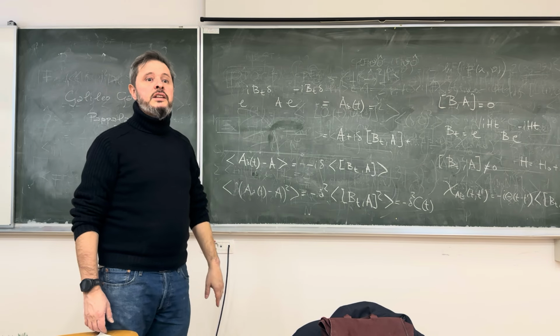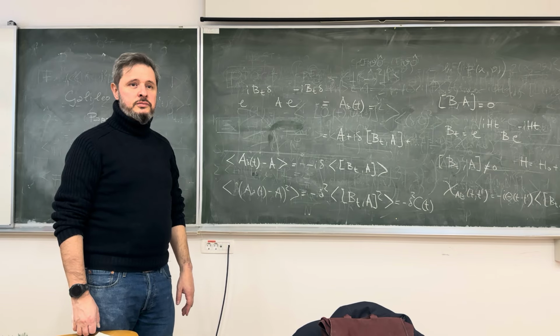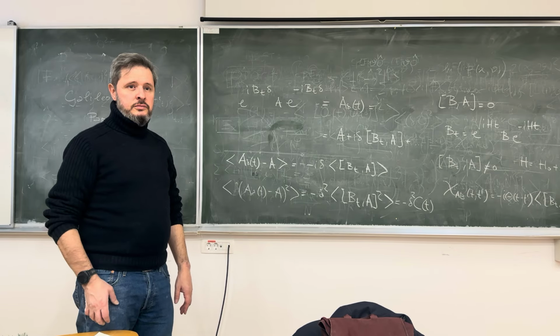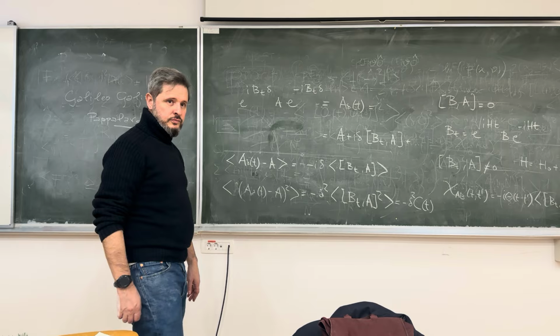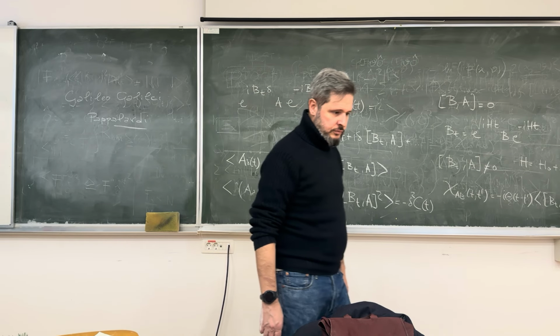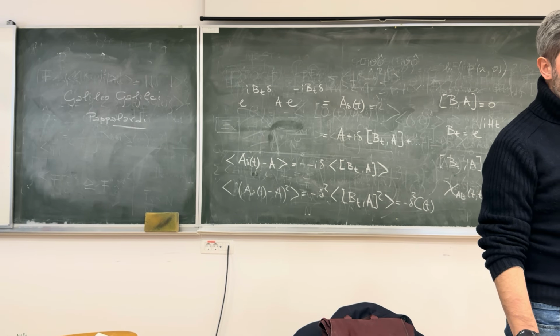Yes? So just to conclude, the question was how to check, maybe experimentally, how a system which is in a mixed state differs from a system in a pure state, something like this. So can you repeat the question and the answer?